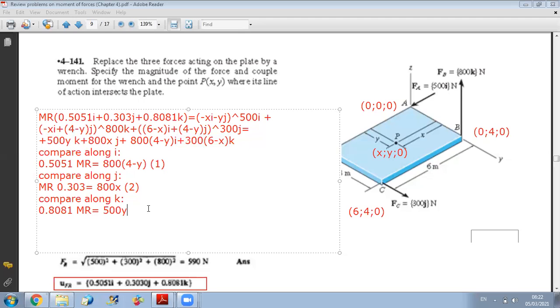So I end up with a system of 3 equations with 3 unknowns. All I have to do now is to solve it.